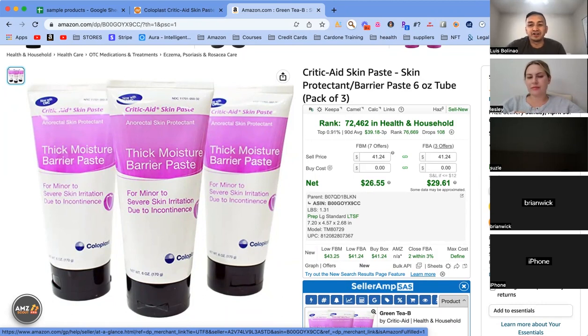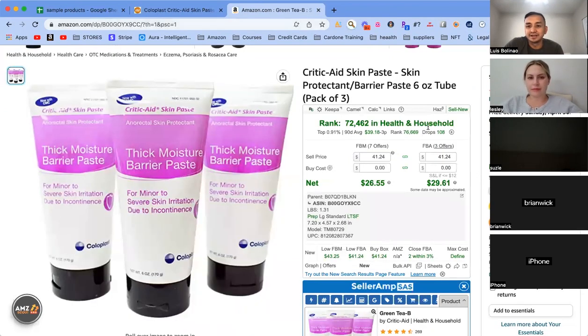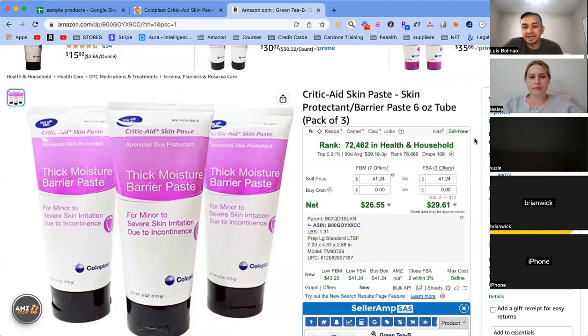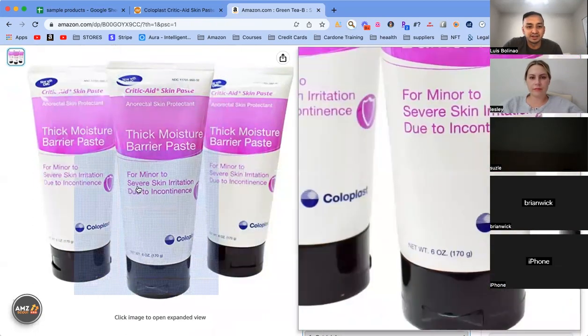But if the content is the same, then I think it's okay. Yeah, it's just up to you if you want to risk on it. Like, to me, depending on the profit too, I kind of calculate my risk. But it has to be the same product though, no matter what. The packaging and branding can be a little different, like this one.